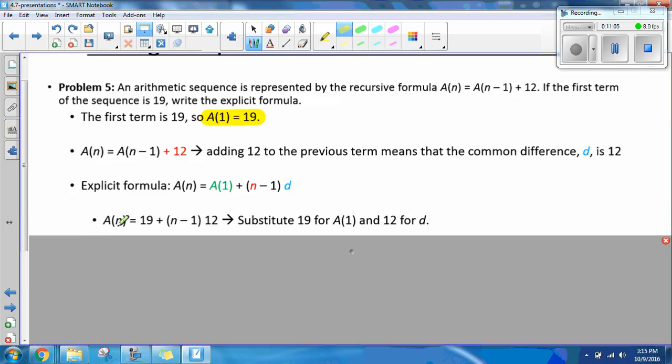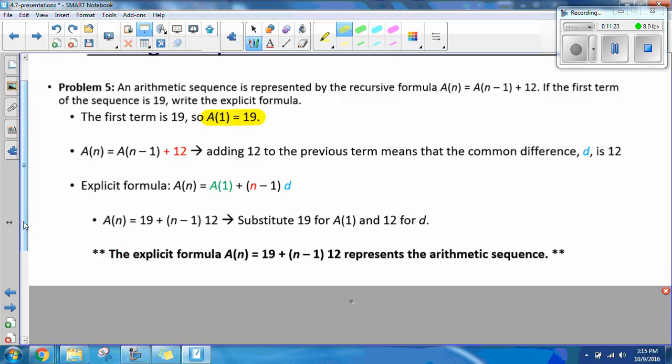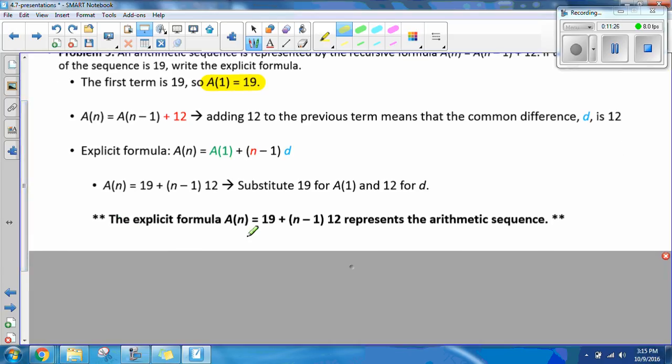A of n is equal to, well, we know the first term value is 19, a of 1, so I can replace that a of 1 with 19 plus n minus 1, and I know that the common difference is 12, so I can substitute that in for d. So the explicit formula is a of n equals 19 plus n minus 1 times 12, represents the arithmetic sequence.